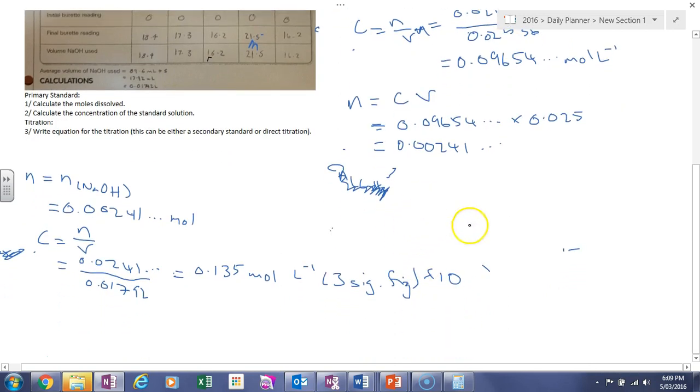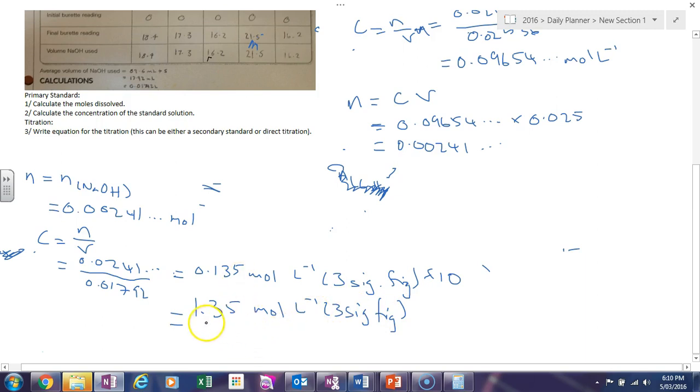So we go to that, and it becomes 1.35 moles per liter to 3 significant figures. That's our concentration of acetic acid. Remember, we diluted it from a 100 ml volumetric flask, we put 10 milliliters. So it's a 10 to 1.